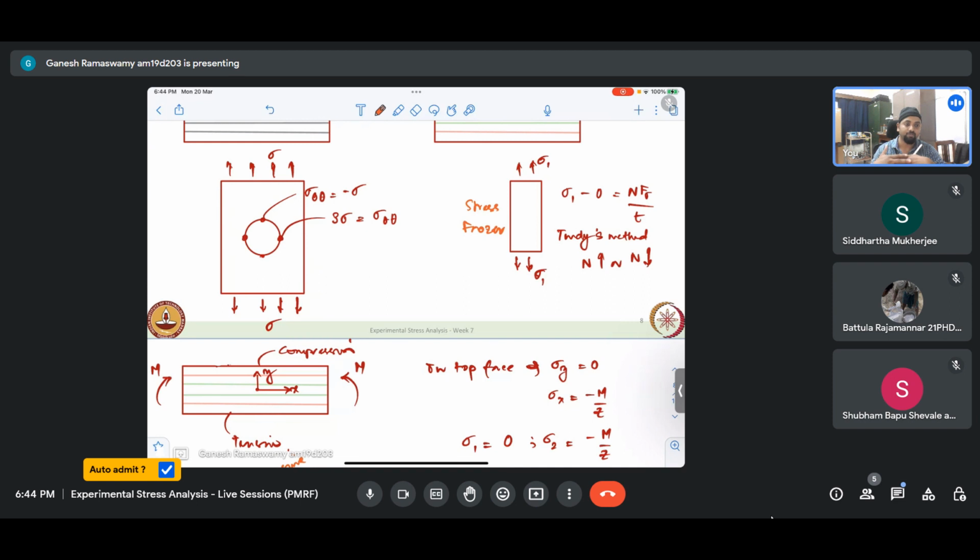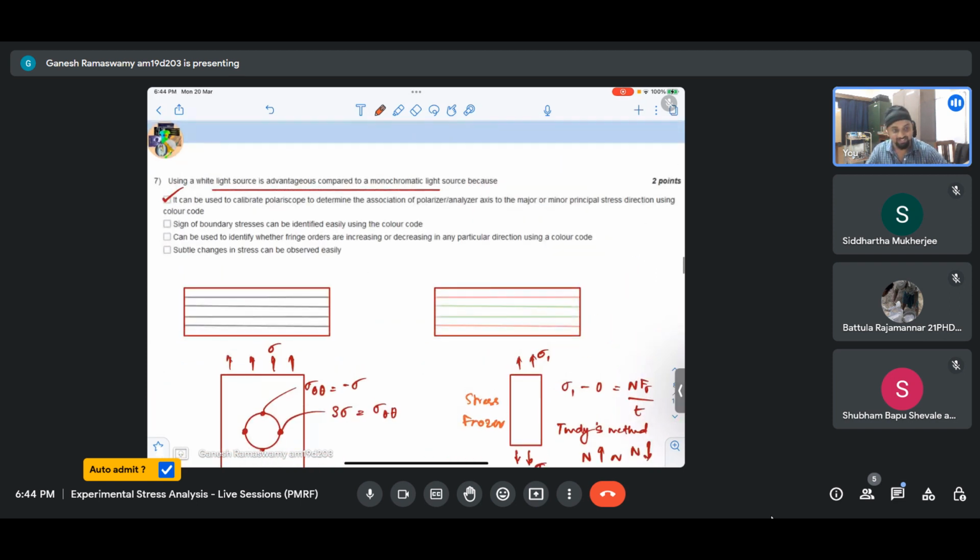When you hold it parallel and perpendicular, we'll be able to conclude whether the fringe order there is more or less, and infer whether the tangential stress that existed at that free boundary is tensile or compressive in nature. So I take it that it is clear. If you have any questions, please do ask.